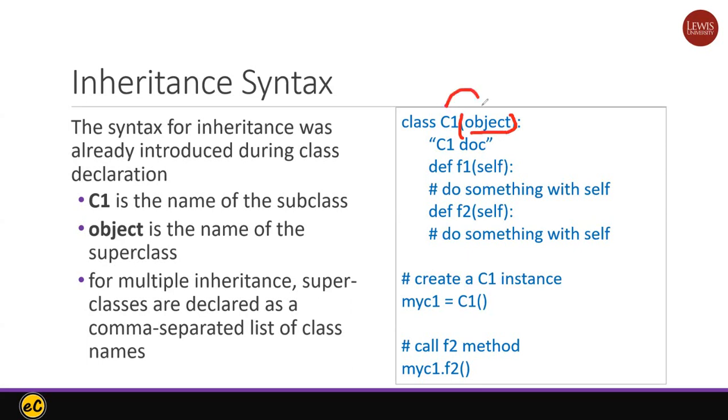So your C1 extends object. This is how you write it in Python. You extend it, you inherit it.